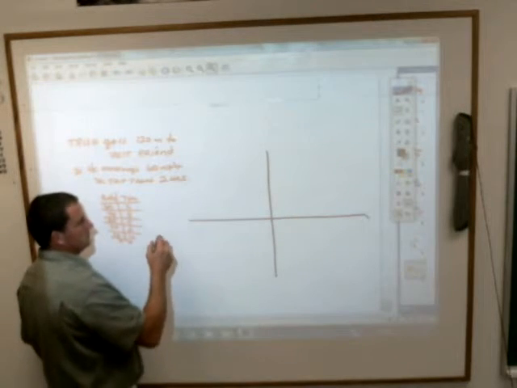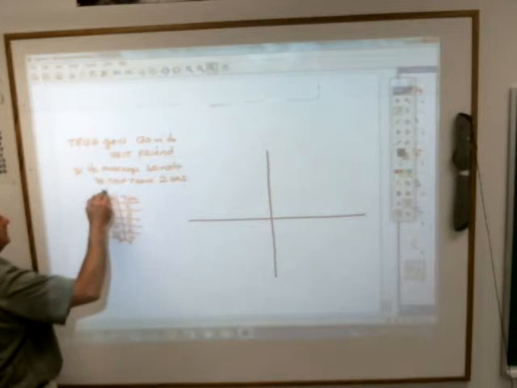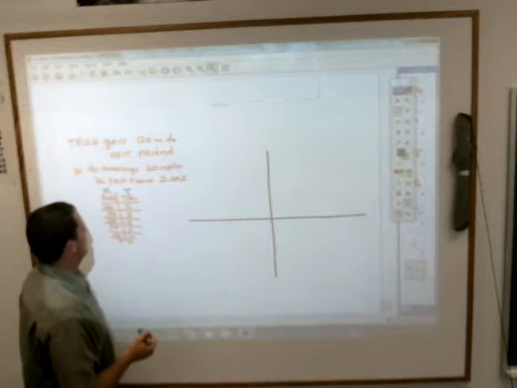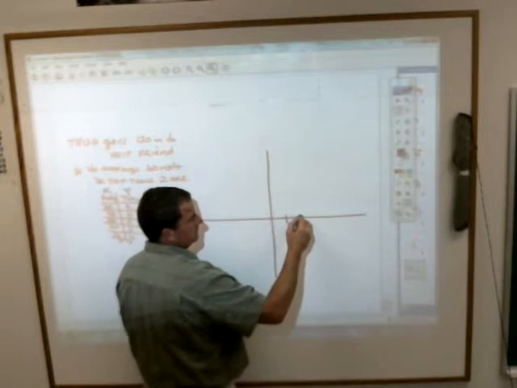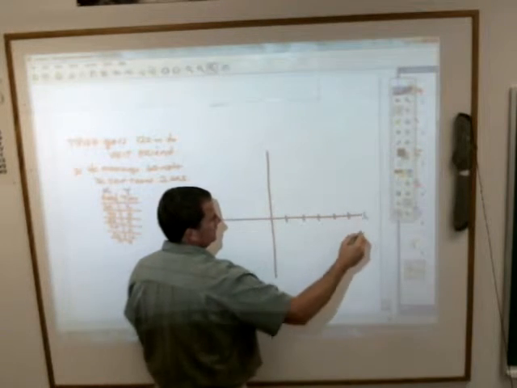Time? Rate. I think it should be rate. Oh, I think maybe you're right. We usually make this the x and this the y. Fine. So instead of making each slash mark, let's go by tens: 10, 20, 30, 40, 50, 60.